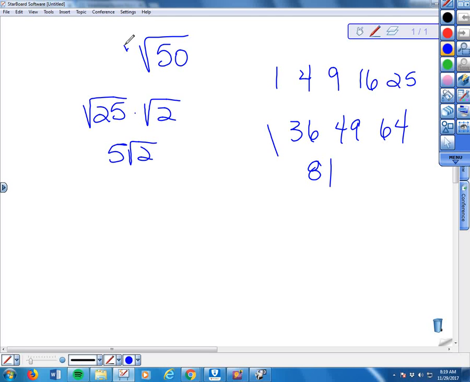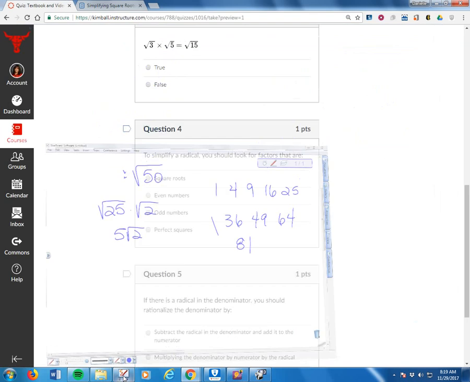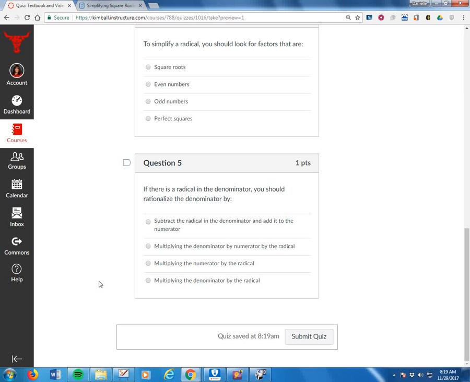So you always have to take that extra time and ask yourself, is there a perfect square that's a factor of the radicand? And if so, you've got to simplify it further. Okay? The last question, if there's a radical in the denominator, you should rationalize the denominator by doing what?